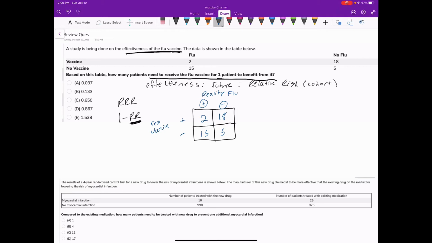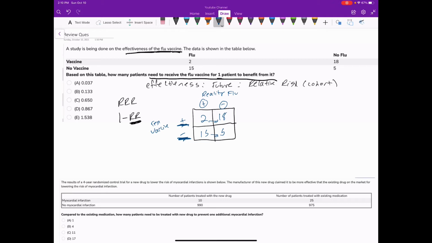Okay, so what was relative risk now? Well, relative risk was comparing if you got the vaccine versus if you didn't get the vaccine. What was the risk of getting the flu if you got the vaccine versus the risk of getting the flu if you didn't get the vaccine? So you know we're going this way, right? We're going to the right.